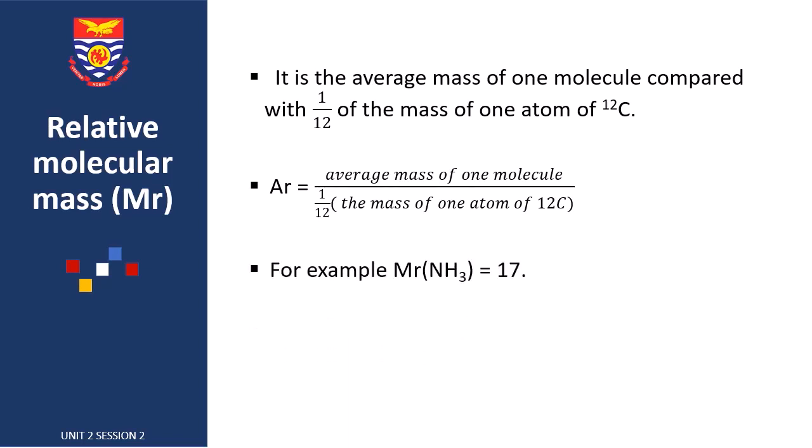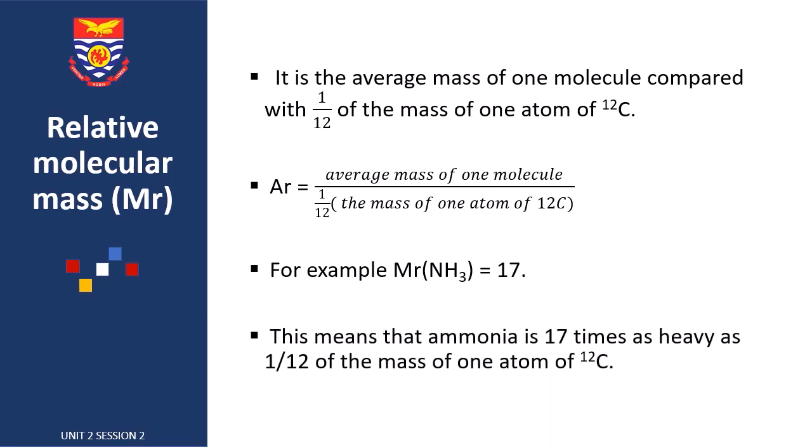For example, if the relative molecular mass, sometimes referred to as the molar mass of ammonia, is 17, then ammonia is 17 times as heavy as 1/12 the mass of one atom of carbon-12. In some cases, when we are finding molecular mass, the relative molecular mass will not be used, so it will just be the molecular mass, and in that case, we will add units.